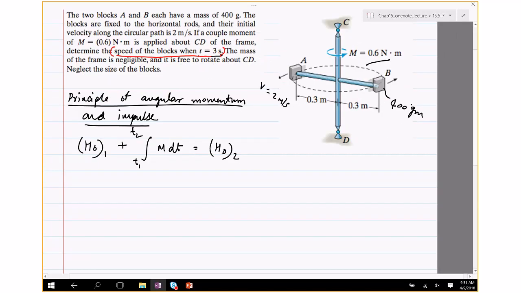Again, you're better off drawing a free body diagram. So let's draw a free body diagram of this system.